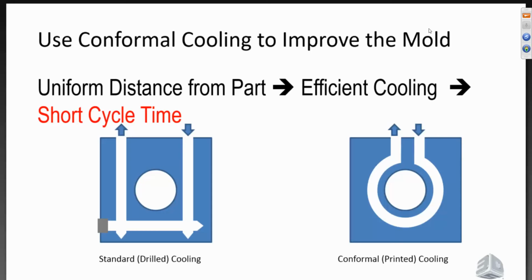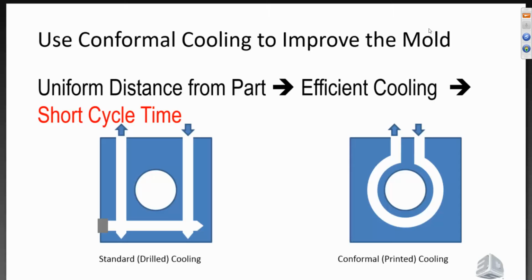Having a uniform distance from the part means efficient cooling, which results in a shorter cycle time. Look at those two diagrams, straight drilled lines on the left versus the conformal lines following the shape. On the left, there are really only 3 spots you'd call sweet spots where we're efficiently getting the most out of that water line. Whereas in the other example, the whole water line itself is right there in the sweet spot. The whole thing is working to get the heat out of the core.